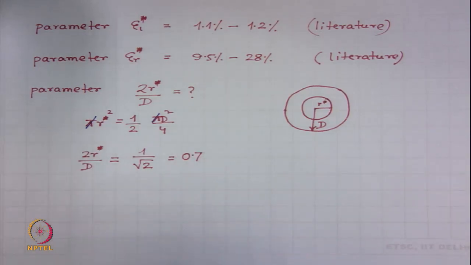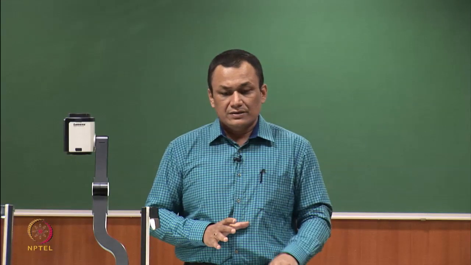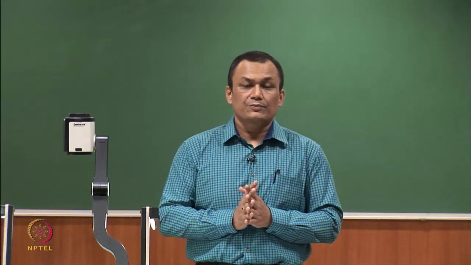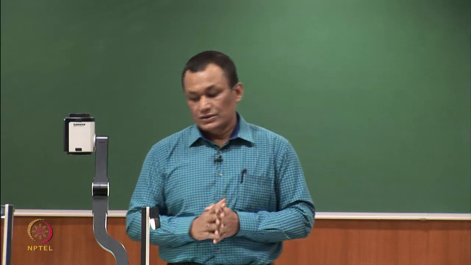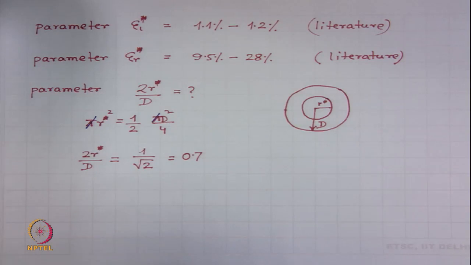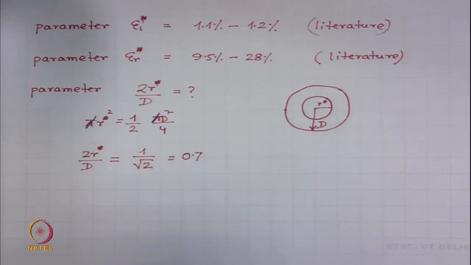So, based on helical model constant packing density, we assume that where this neutral fiber is existing, it makes the yarn cross sectional area into two equal portions. So, 2 r star by d is equal to 0.7. Now, of course, this quantity might be different for different technologically spun yarns.